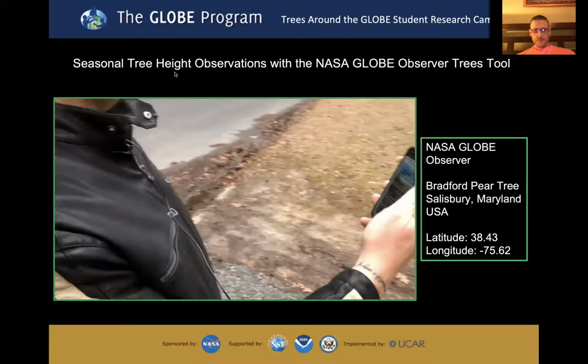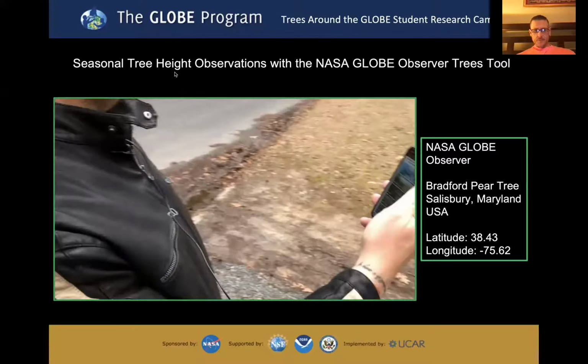An important thing to remember is that if you have multiple people taking observations using the same device, you need to change the height of the observer each time, because we're assuming that they're going to be of different heights. So if they're of different heights but using the incorrect height, the tree height observation will be incorrect.